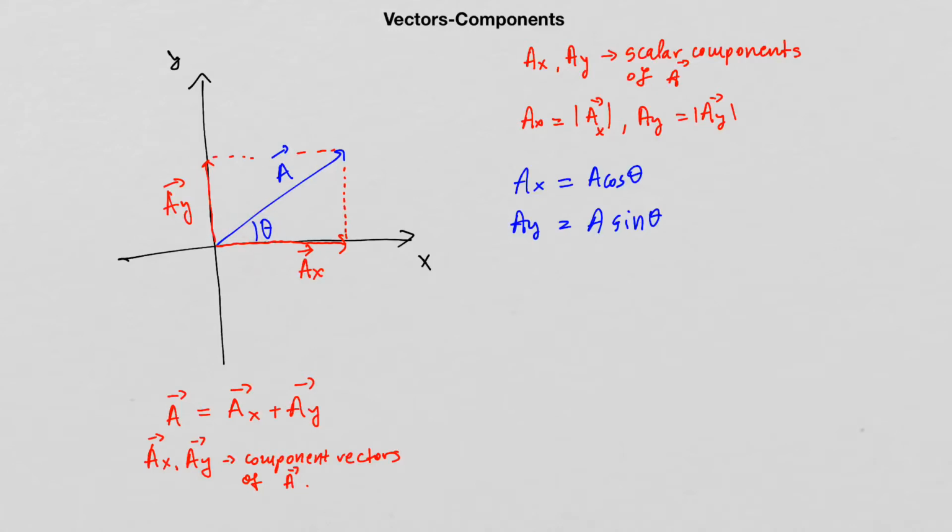From that, I was able to find the components of that vector along the x-axis and along the y-axis. And so, when a vector is presented to us as magnitude and the angle that it makes with the positive x-axis, we call this polar coordinate representation.